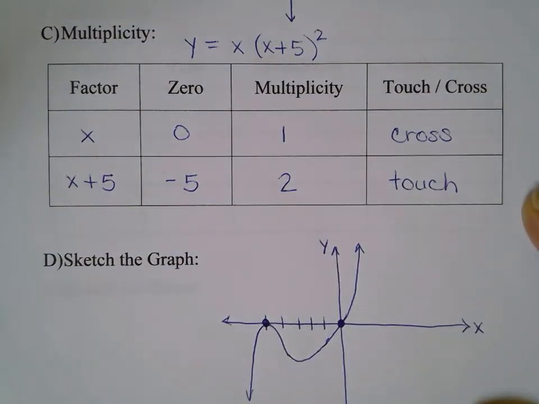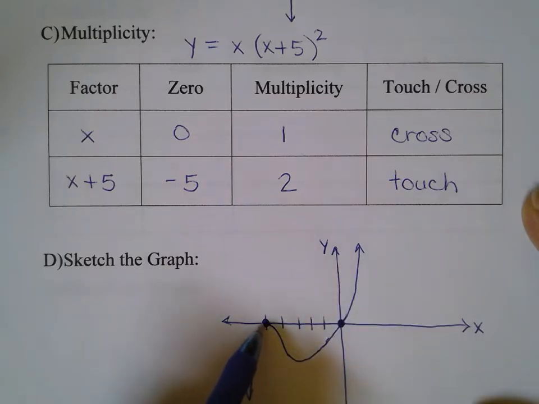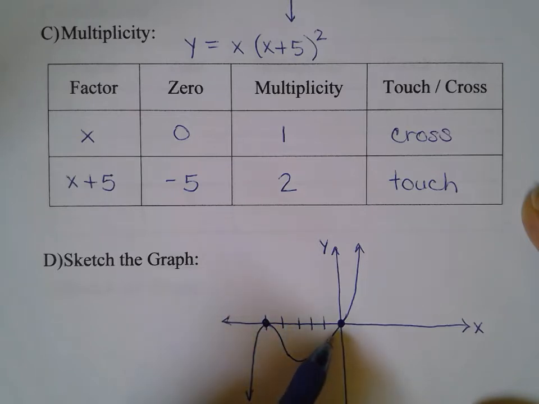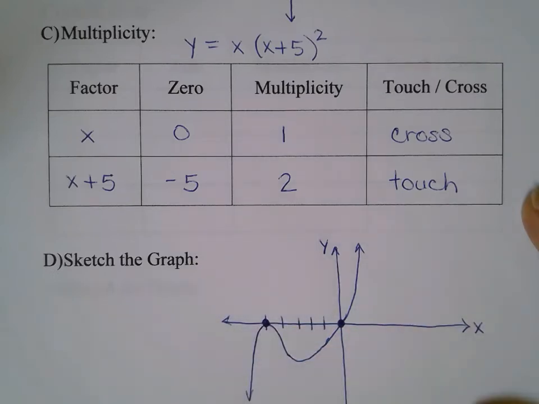Okay, now all of this information should jive together, should sort of dovetail into each other. So if I had touched here, come down some distance and then come back up, because of my end behavior, I kind of knew I was going to need to cross through, right? So if all of that information doesn't match up, then you may want to go back and double check that you've done it correctly.